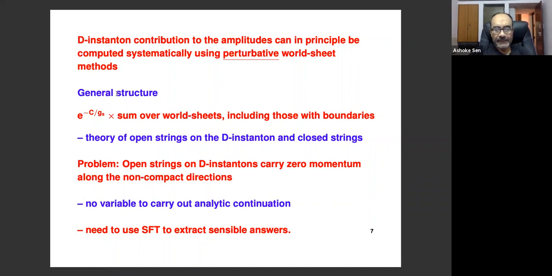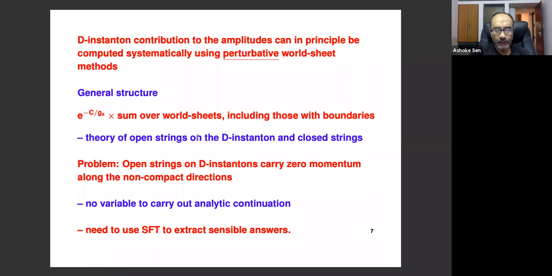The general structure of a d-instanton amplitude is given here. First of all, you have this e to the minus c over gs, the suppression due to the exponential of the action. Then you multiply this by the sum over worldsheets, which includes those with boundaries, and on the boundaries you put the d-instanton boundary condition.